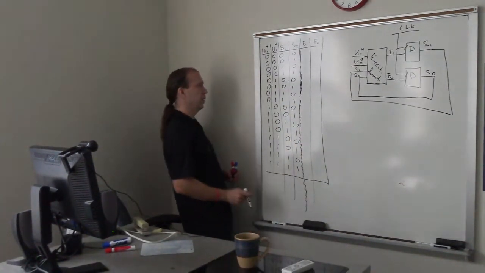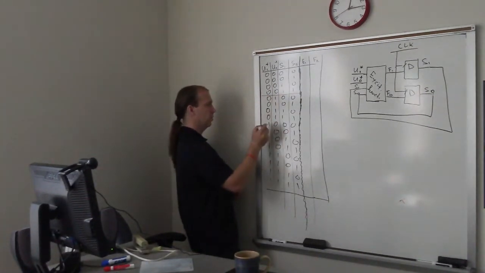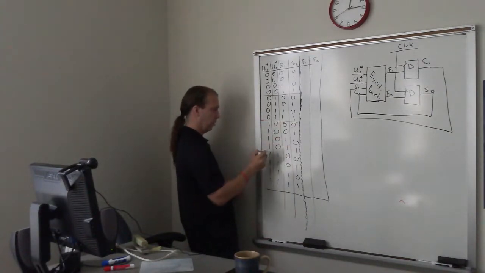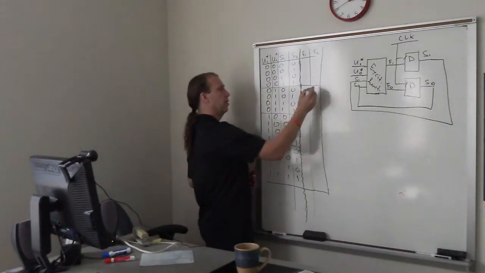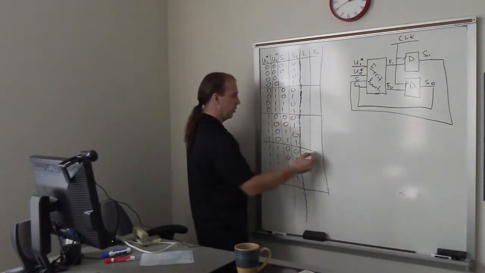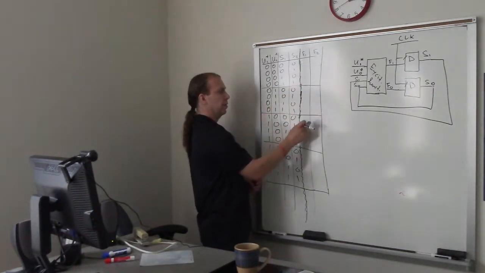And let us now split this table into 4 pieces. That's the logical split. Right here.